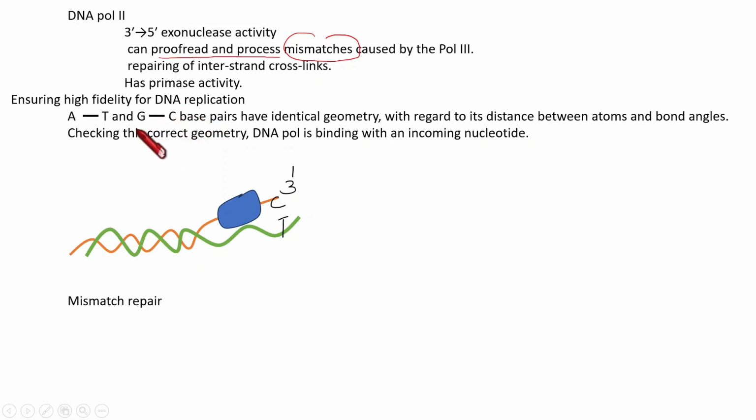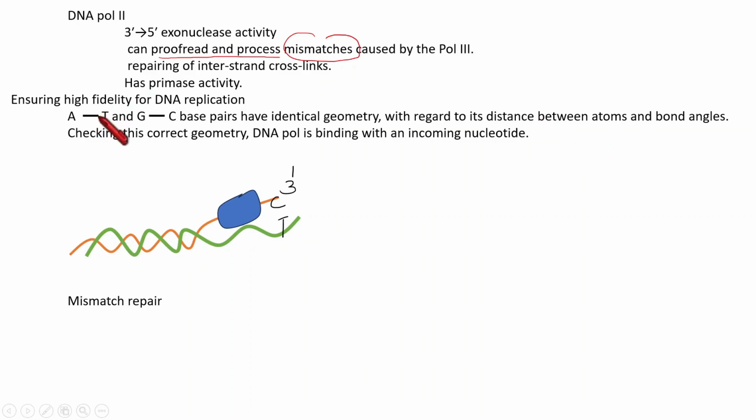So let's see. First of all, the geometry based consideration. Geometry based consideration means as adenine pairs with thymine, that gives a perfect geometry for the DNA strand. And as guanine pairs with cytosine, it gives the perfect geometry with regard to the distance between the atoms as well as the bond angles of the two bases. So considering those aspects, which combinations give the best geometry?